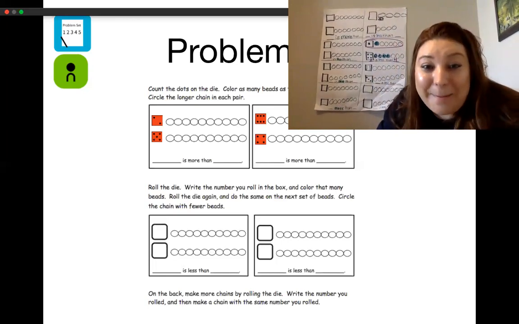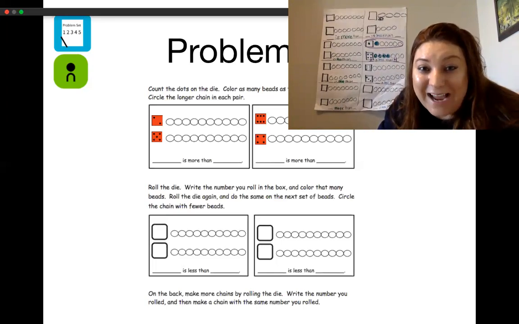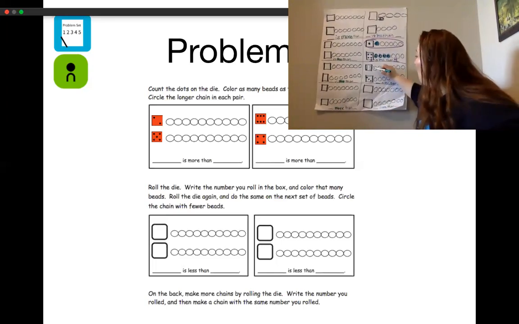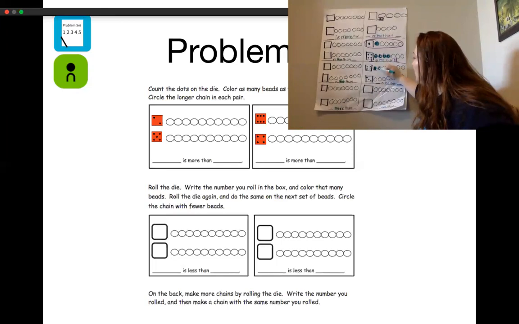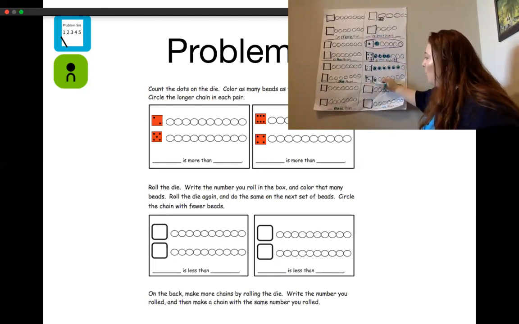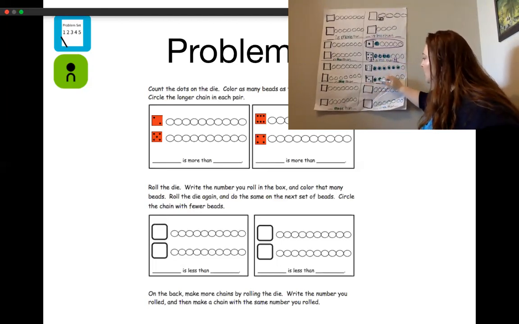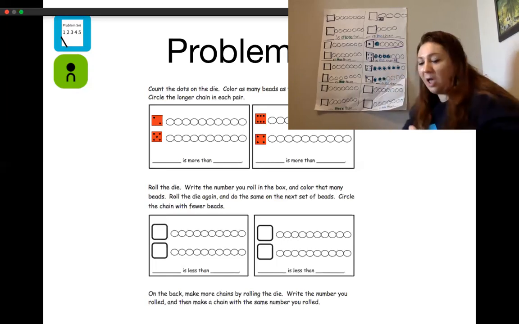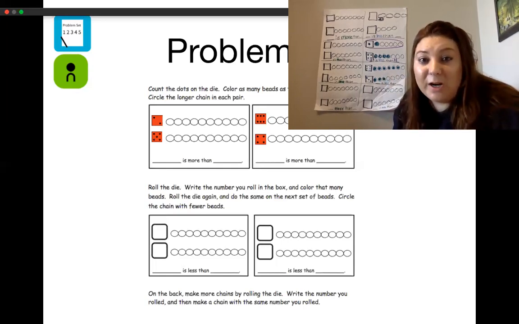Now I need to make my beads match my dice. 1, 2, 3, 4, 5, 6. Here I have 3. 1, 2, 3. Which one has fewer? You're right.